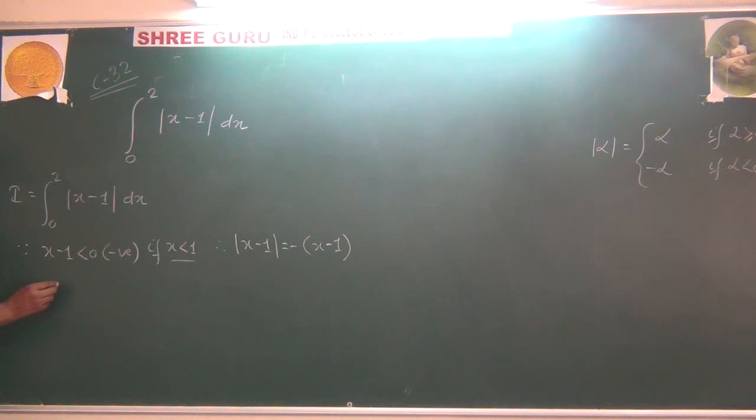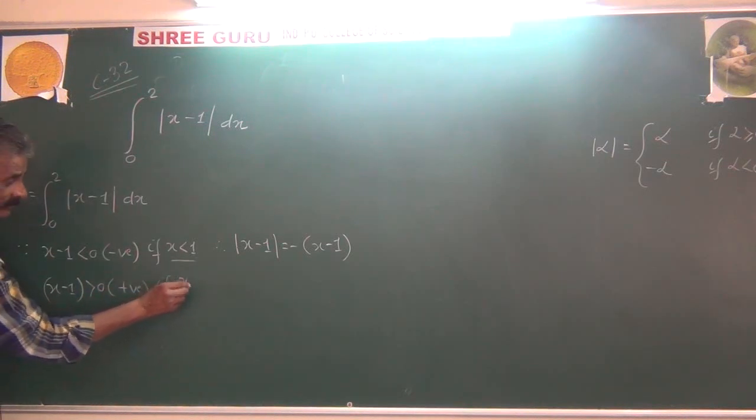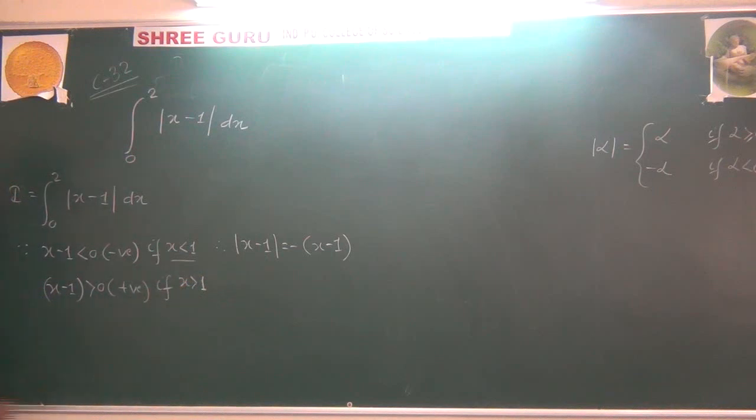That is by the definition of modulus. Next, x minus 1 is positive whenever x is greater than 1, because more than 1 minus 1 will become absolutely positive. Say for instance, if x is 1.4, minus 1 is 0.4, which is positive.